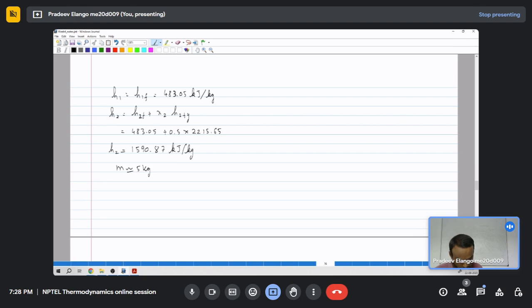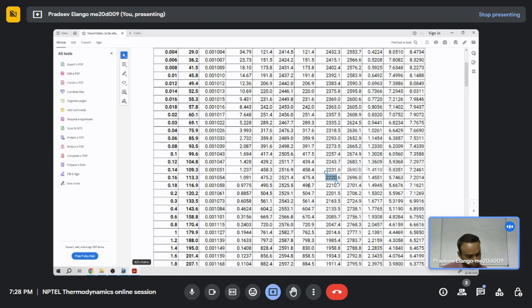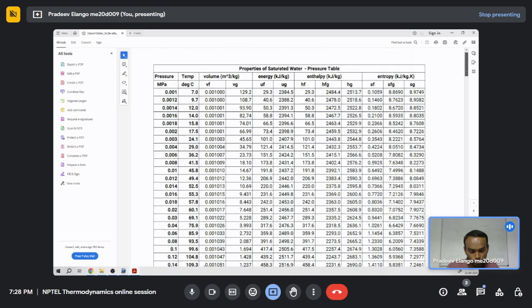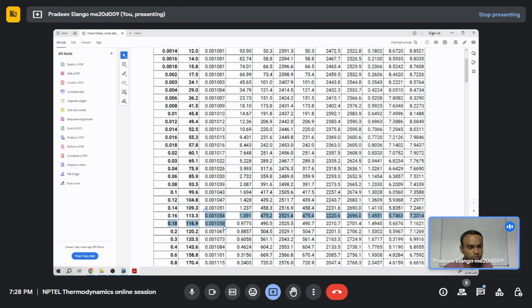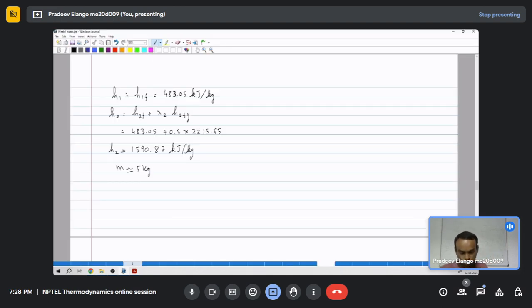You can also find it in this one at different pressures. So you can see it is around 1054 and 1058 meter cube per kg. If you convert this, you will get around 1000. So we can assume it is 1000.